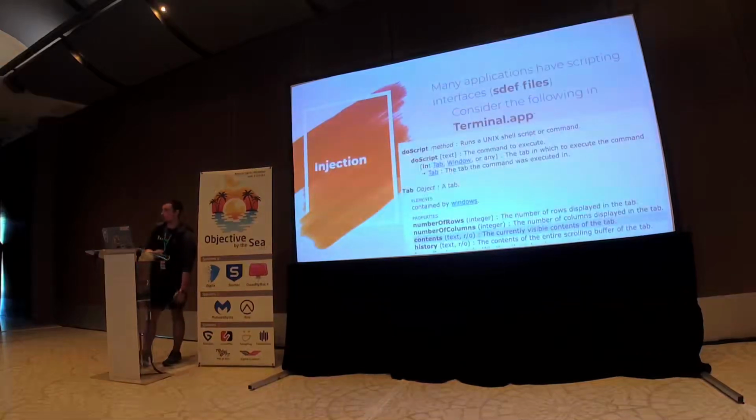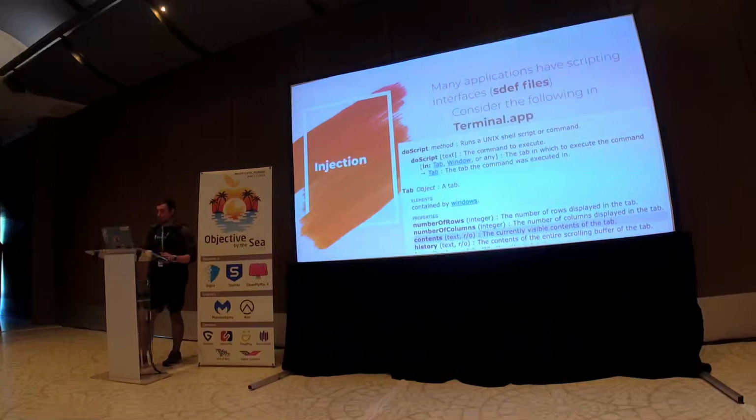So remember, like I said before, lots of applications have these scripting definition files that expose these APIs for you to do stuff. The most common one that adversaries use is this do script in Terminal.app, which executes a script for you. But there's a whole bunch of other things that go into that.